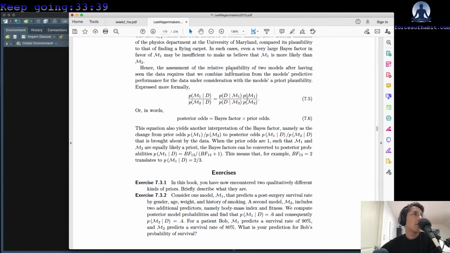The relative plausibility of two models after having seen the data requires that we combine information about the models' predictive performance for the data under consideration.